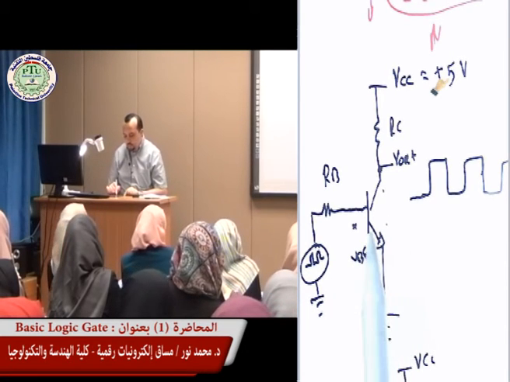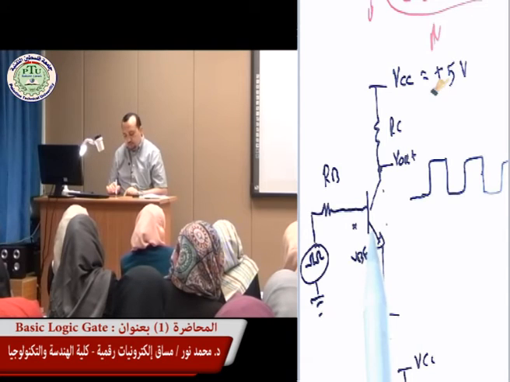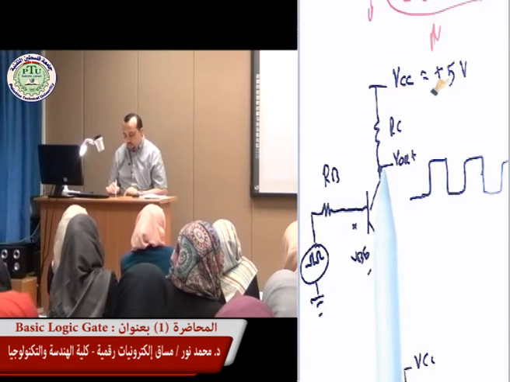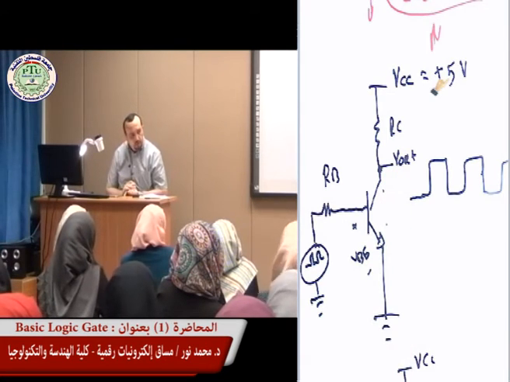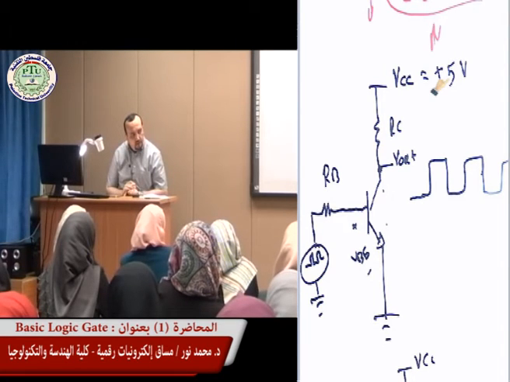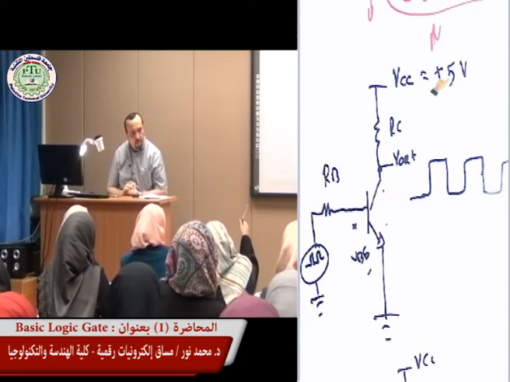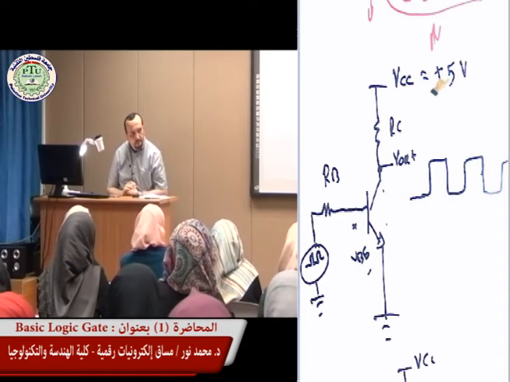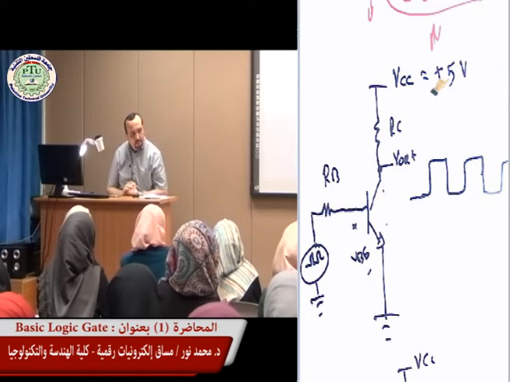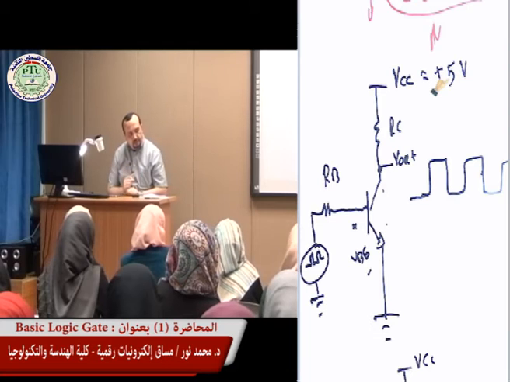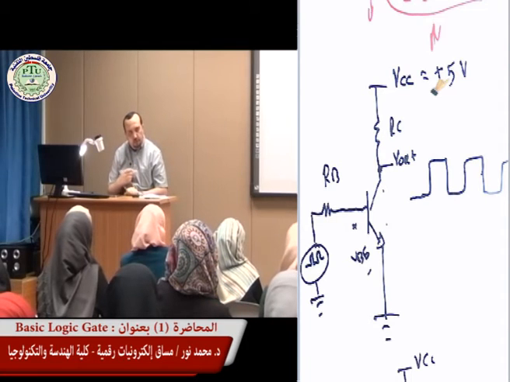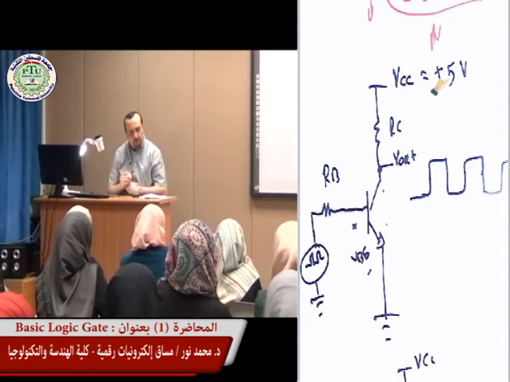Now, if the Vn is 0, we have an open circuit. So what would be the V out? This is the only voltage applied here. Yeah, you are right, it's 5 volts, but let's explain it from a different perspective.